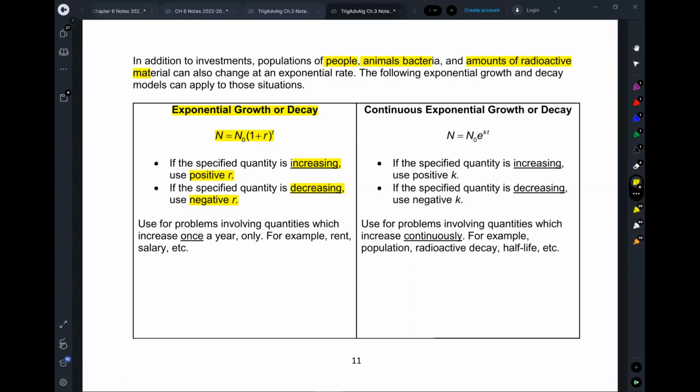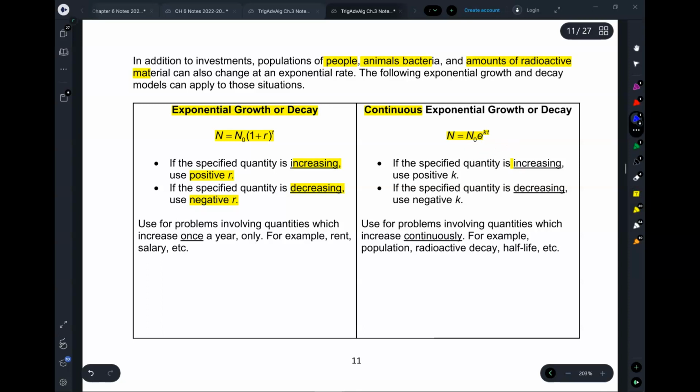So these are things that are increasing once a year, like an annual rate. If you've got the magic word continuous, then the formula changes with the e. Again, now it's N equals N naught e to the kt.